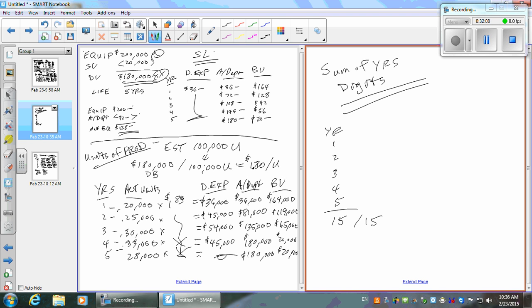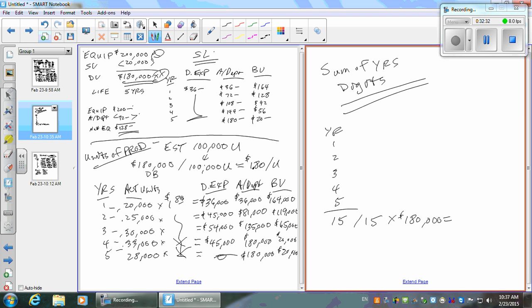I'm going to depreciate 100% of it then, right? So what number am I going to use, 200 or the 180? 200 or 180? What do I want to have left at the end? I want to have 20 left, so I'm going to use the 180. I'm going to depreciate 15 fifteenths, which is 100%, of the 180 over its life.